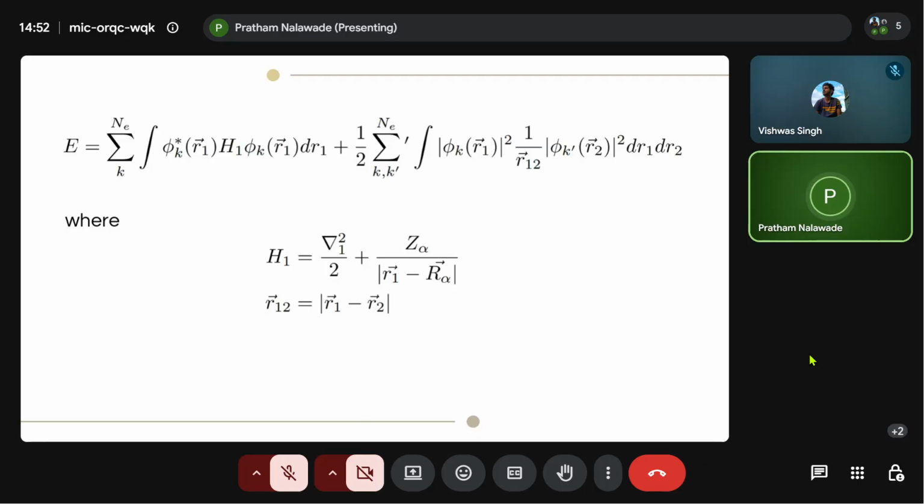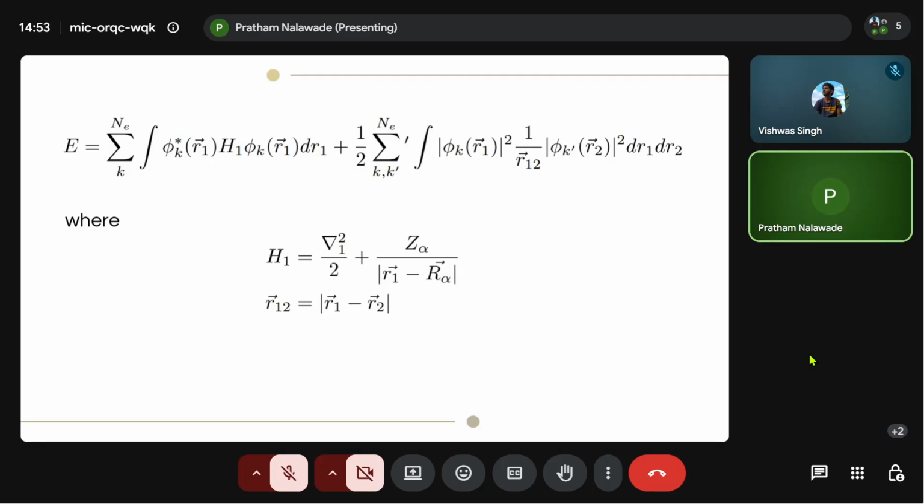So the second term is just our Coulomb potential, represented in terms of our wave function. While the first term contains the kinetic energy as well as the interaction between the nucleus and electron. The second term considers the interaction between electrons, like how we do it in electrostatics.